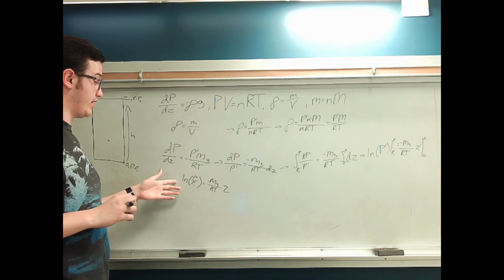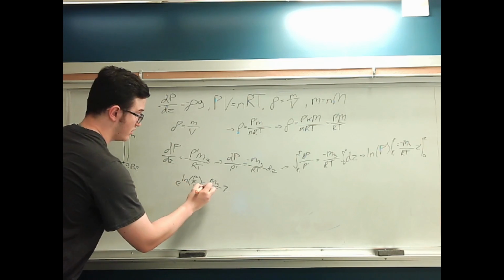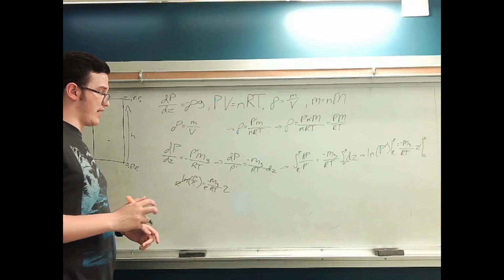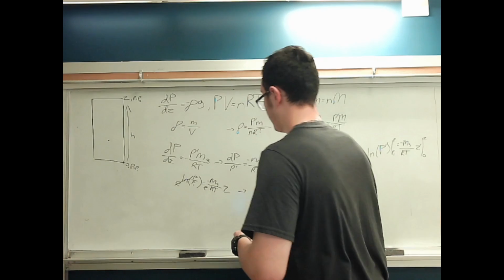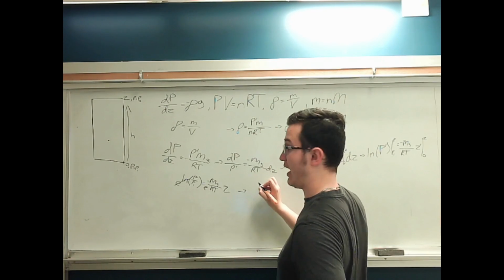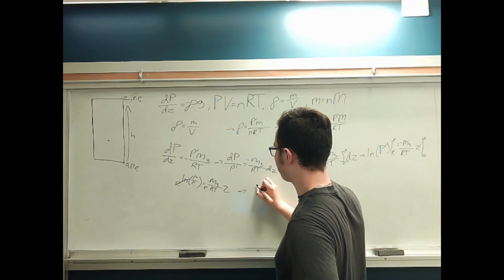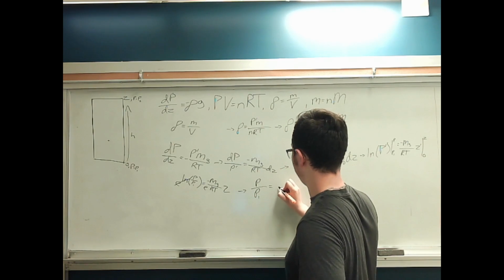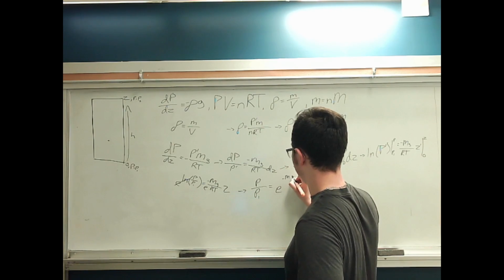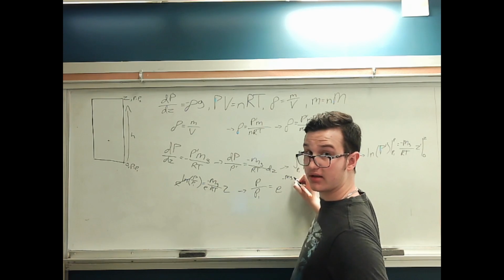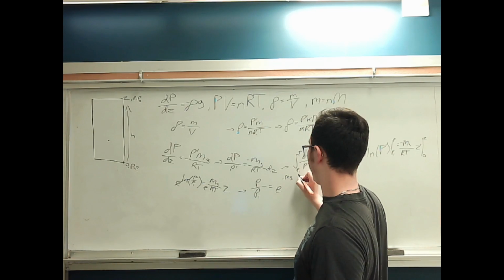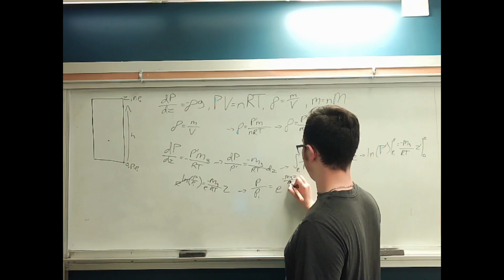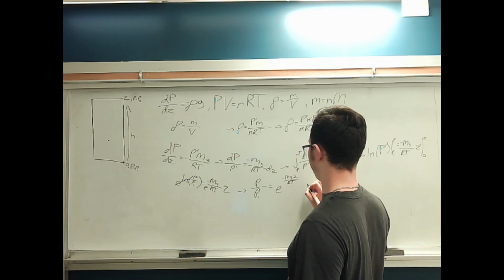And now from this, if we take e to both sides, e and the natural log cancel out, so it's e to everything. Pressure over P1 is equal to e to the power negative molecular weight times constant acceleration due to gravity times z, the height, divided by ideal gas constant times temperature.